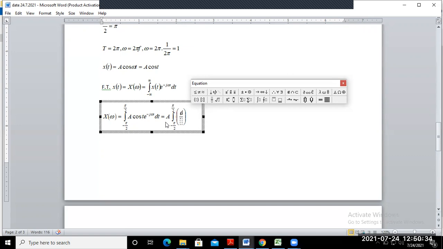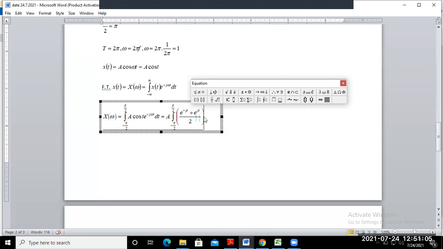So cos t is e to the power minus jt plus e to the power jt divided by 2. And the remaining part is the same, e to the power minus j omega t dt.